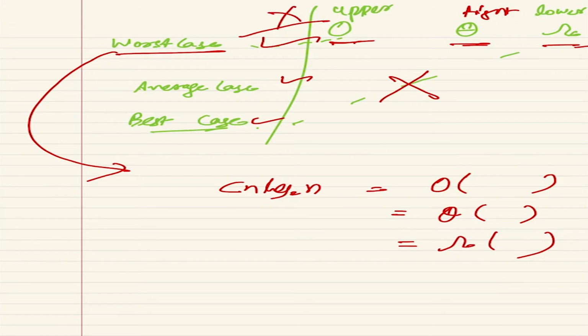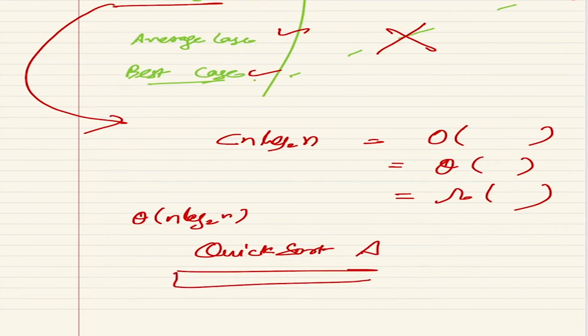Now going back, we found that merge sort has a complexity of theta n log n. Now what about quick sort? You might remember quick sort. Again, a very interesting idea. You have an array of size n. How do you apply quick sort? You choose an element as the pivot, say the first element.